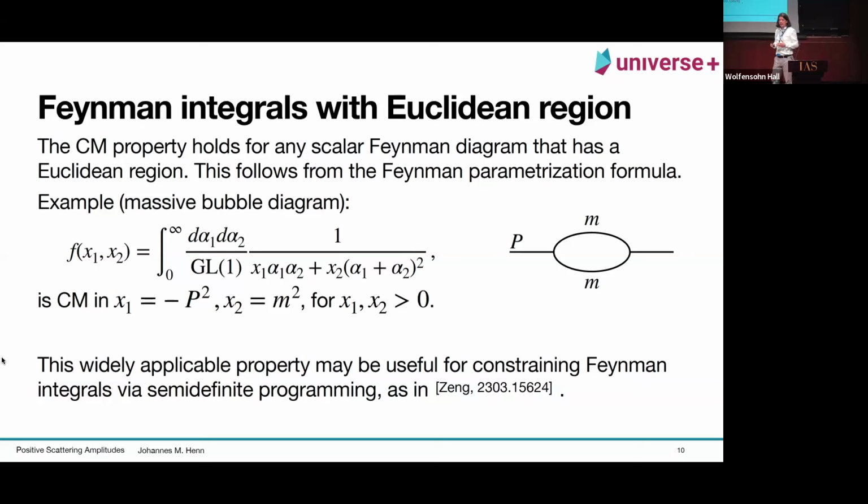So this shows you that this is really a very widespread property of at least building blocks in quantum field theory. Now, it's actually interesting that there's a very nice paper by Mao Zeng who just used the positivity of integrals in combination with IBP relations to get some constraints and use some semi-definite programming to actually bootstrap the value of the integral.